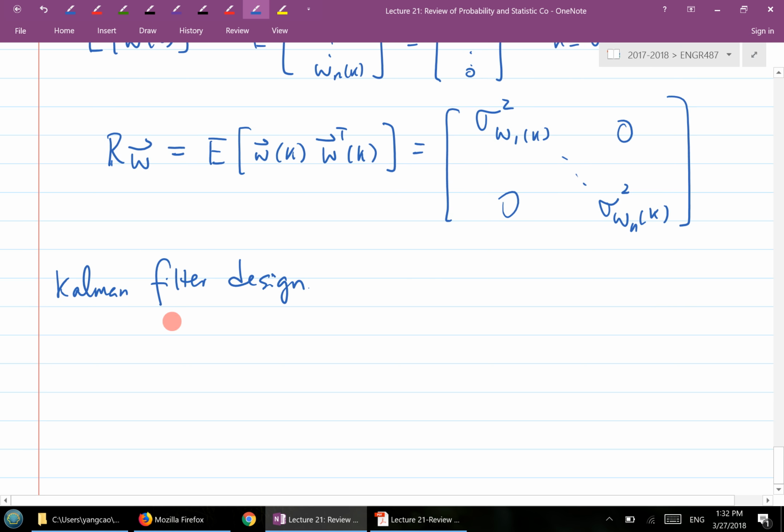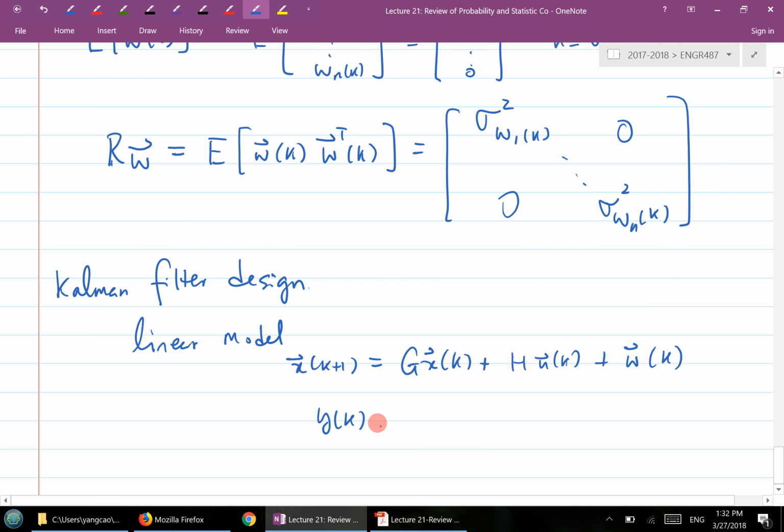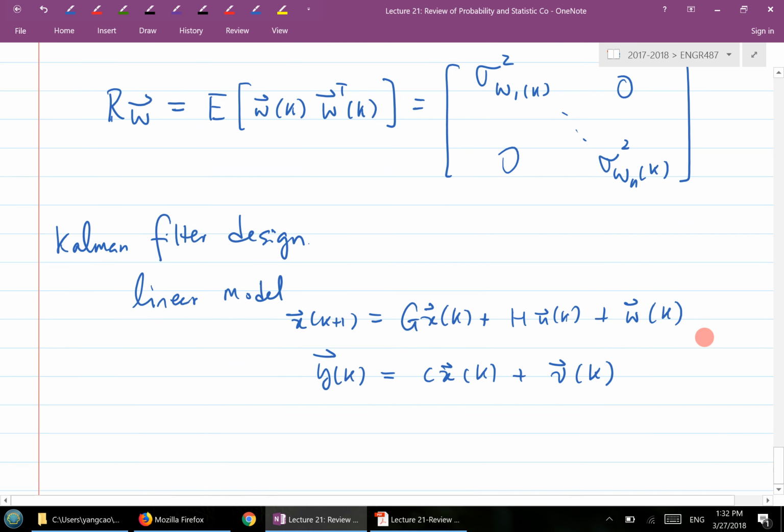I will rewrite this linear model here now, but as I said, the linear model this time will contain the process noise. So here is the linear model.